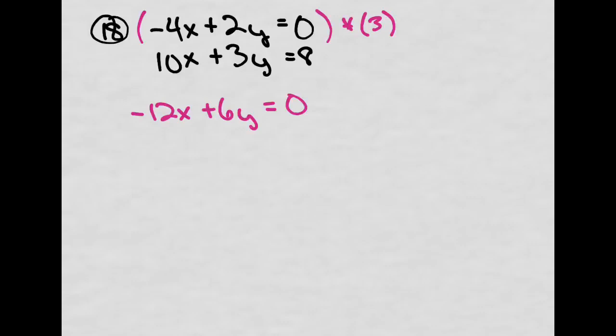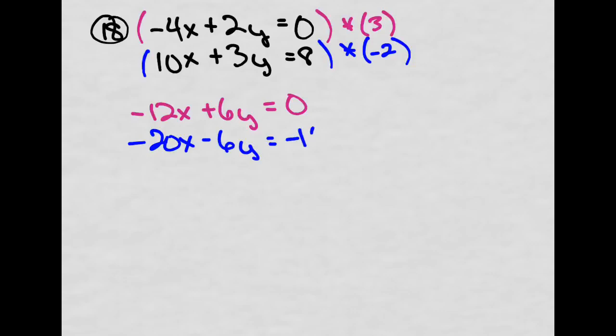And then let's multiply this one times negative 2. That would have been nice. Negative 20x minus 6y equals negative 16. Okay. These match up, so we'll add them together.